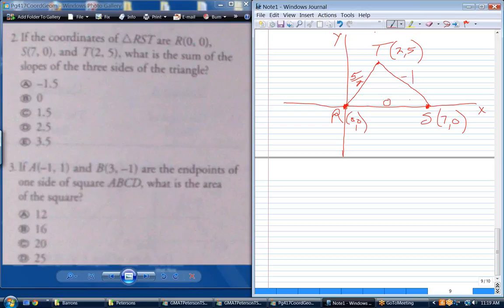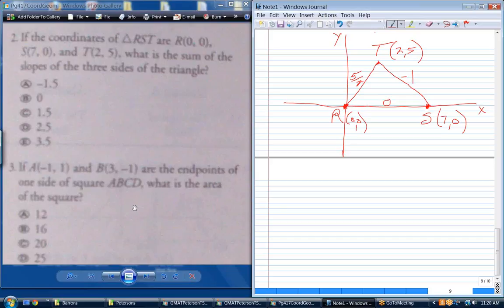Negative 1, sorry, yeah. So what's the sum of our three slopes? Well, 0 plus -1 is -1. And -1 plus 5 halves is 2.5. So it's 1.5.